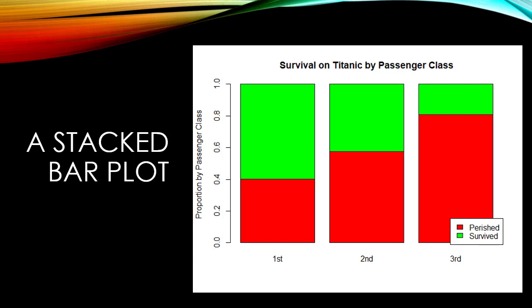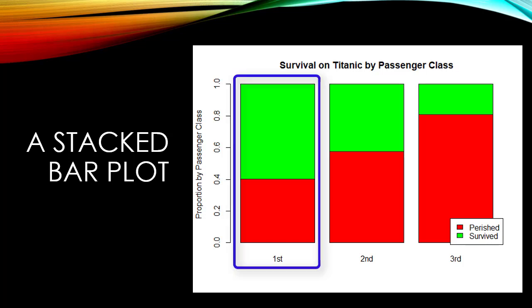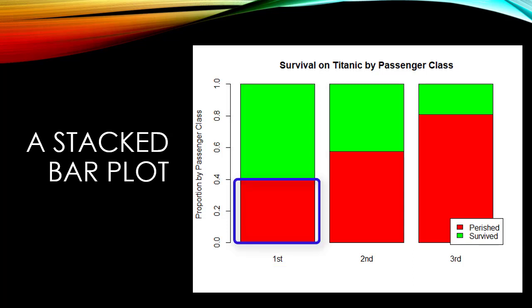The legend in the lower right corner tells us that the red represents perished and green represents survived. I can see in the first bar that about 0.4 or 40% of the passengers perished. About 60% survived. We are talking about 40% and 60% of the passengers in first-class cabins.